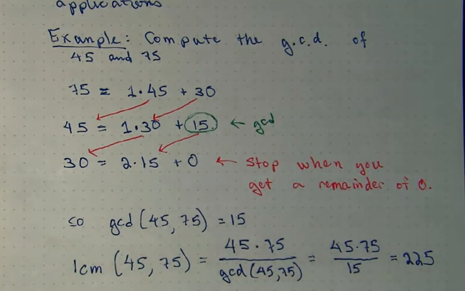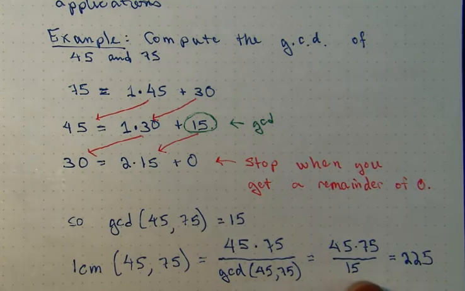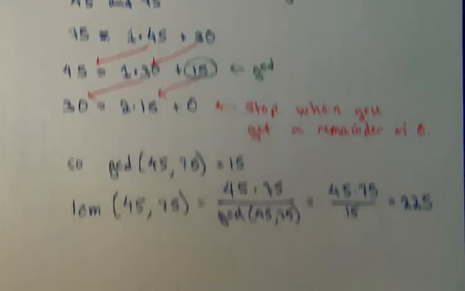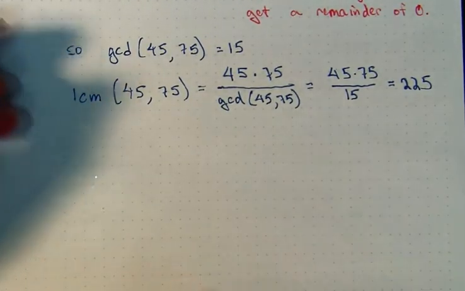Okay, one other application that I'd like to show you of the Euclidean algorithm. Finding the LCM uses the result that we get from the Euclidean algorithm, but it doesn't really use the steps that we get from the Euclidean algorithm. So here's what I want to do.